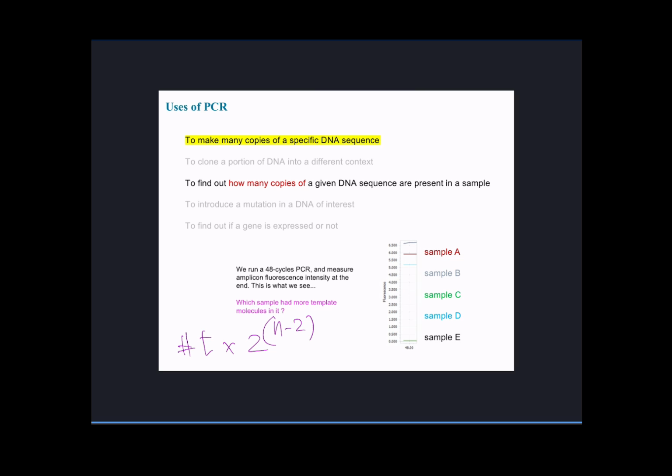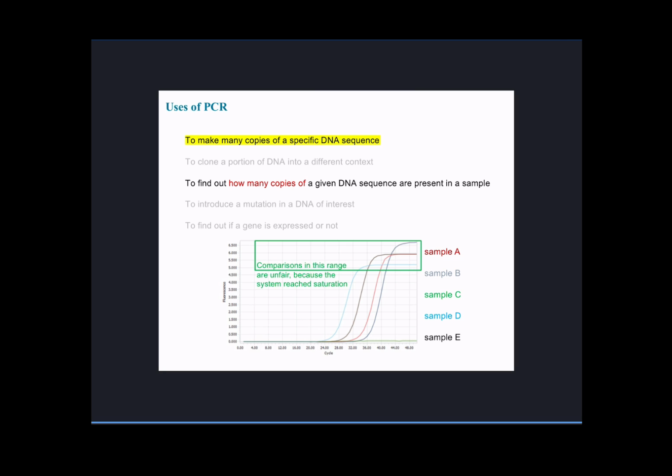So it is super tempting to say, well, the number of amplicons should be proportional to the number of templates at the beginning. Except that we made some emphasis at the end of last Thursday's lecture that at some point the PCR reaction is not linear anymore, and that it saturates.